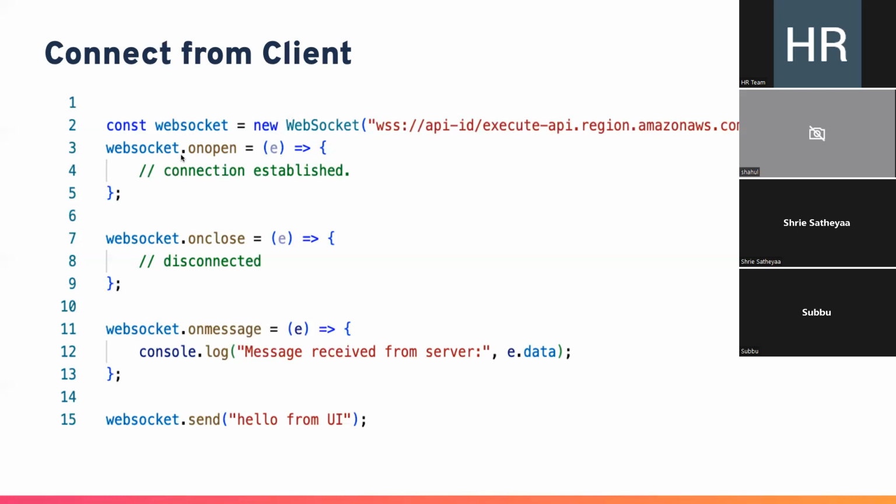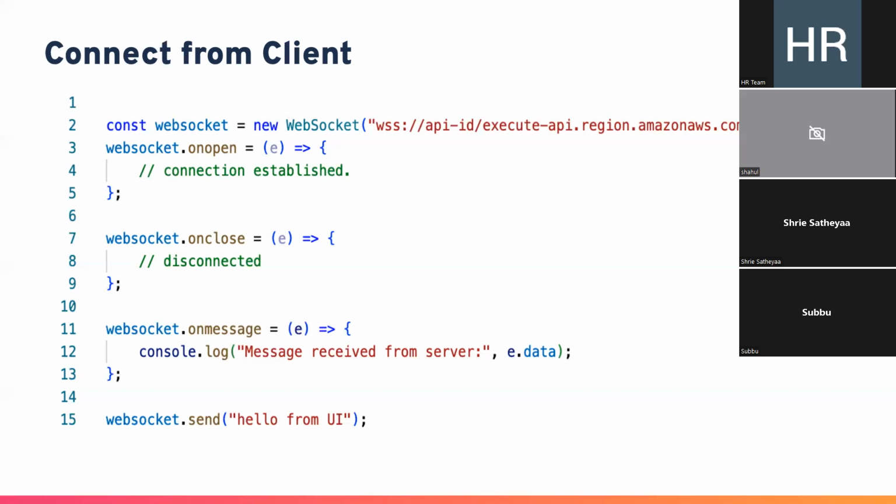event in the UI. So we can have whatever logic we need upon WebSocket connection open. The on close event will be received in the UI whenever the connection is disconnected. And the on message event will be received whenever the server sends events from the backend to the clients.